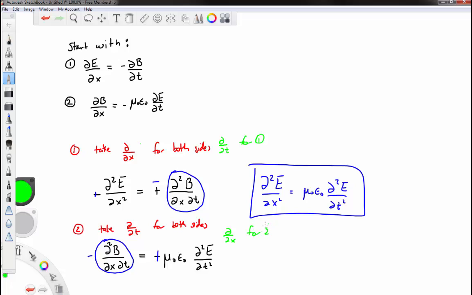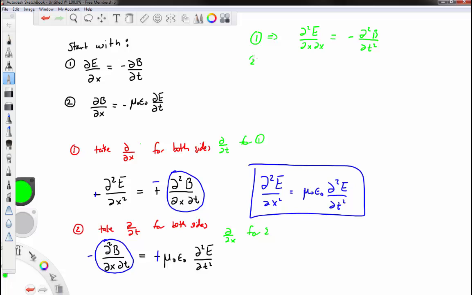And the result ends up being that instead of ending up with all E's, you get that number 1 gives d squared E by dx dt is equal to negative d squared B by dt squared.